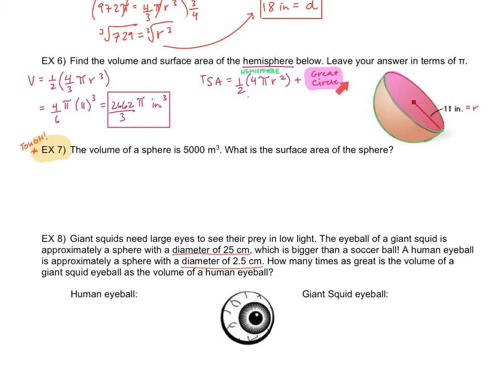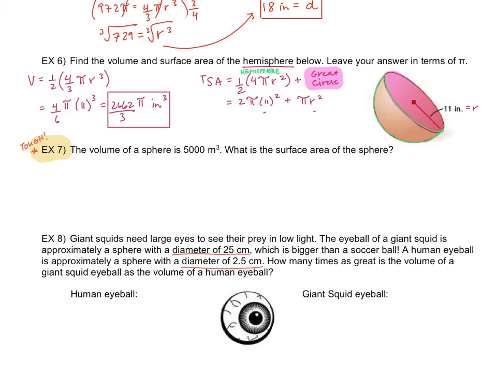So remember, we'll talk about what that area is, but let's start off making this a little bit simpler. 4 times a half, I could actually rewrite that as just 2. So I have 2 times pi times r squared, which I know r is 11. Now, for our great circle, that area formula, right, for just a general circle is pi r squared. So think back to what we learned maybe a couple of months ago about that, and we're going to fill in what we know.